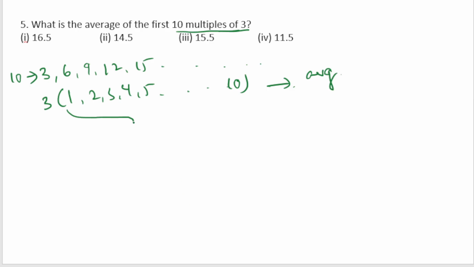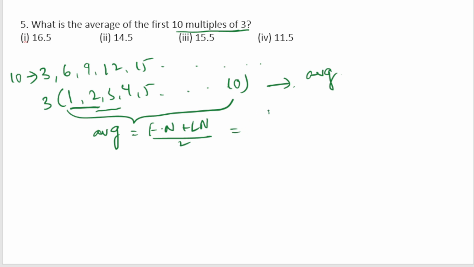And how do we find the average of these numbers? Here the numbers are consecutive. That means the difference between first and second number is equal to difference between second and third number. So in this case the average will be first number plus last number divided by 2.